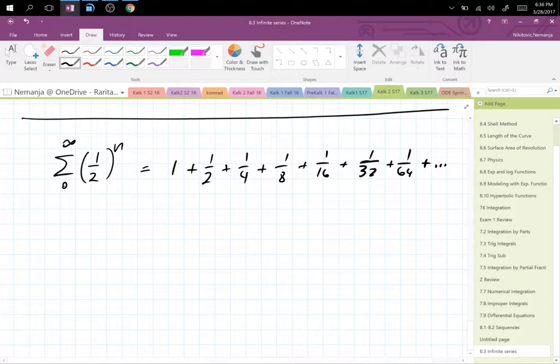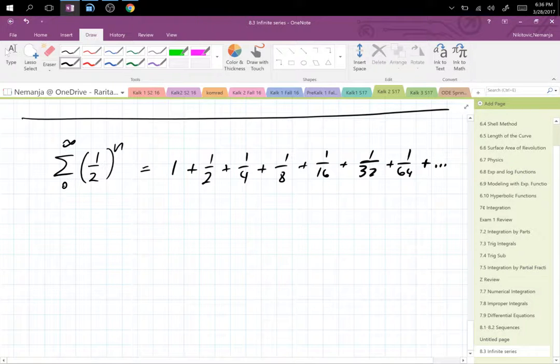Now, and this is a new piece that you should focus on, what does it mean for a series to converge? Well, I told you that if it converges, it gets an answer, like 2 or 5, right?